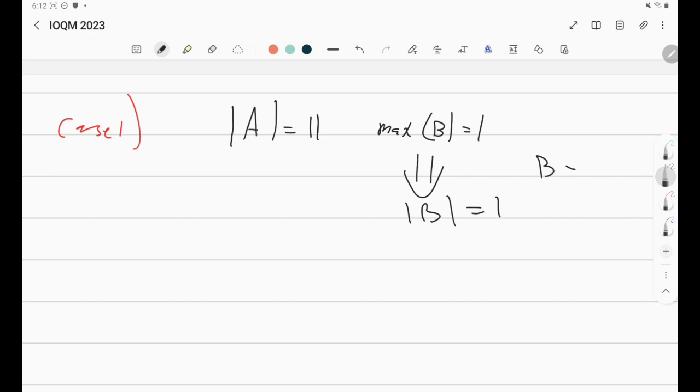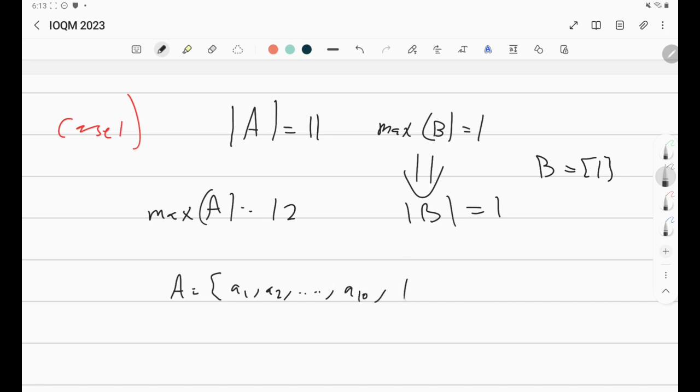So basically right now, let's keep that. We know that B is just the single number 1. But A, we know that the cardinality is 11. And now we can automatically know the max A from the first equation is 12. So now we know that max A is 12. So that means A is something like this. It's going to have a bunch of numbers till A10, then A11 is 12.